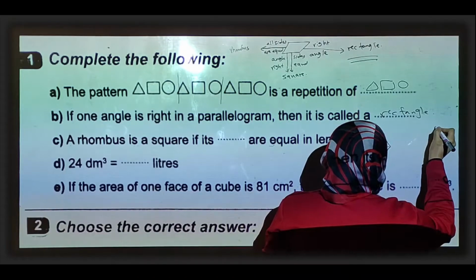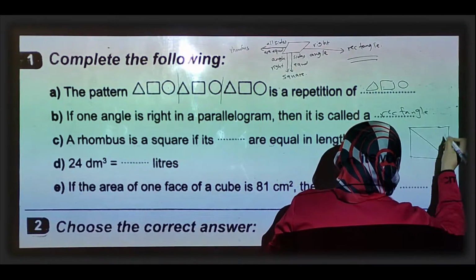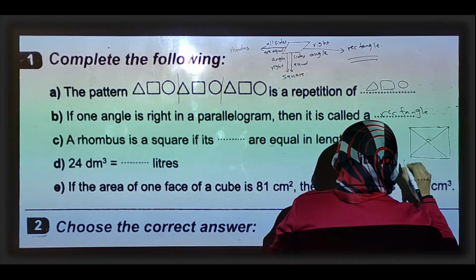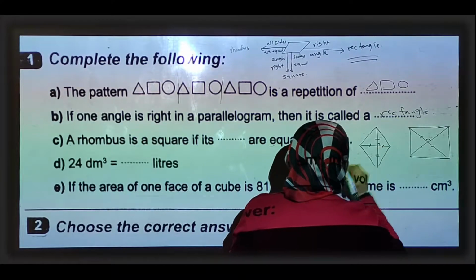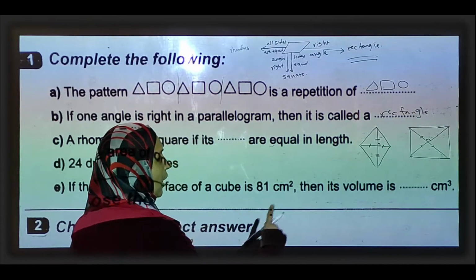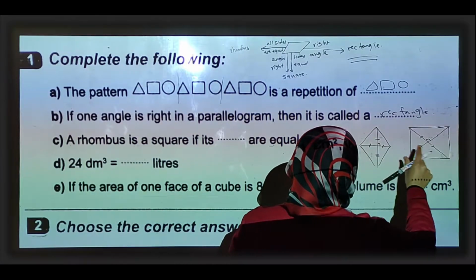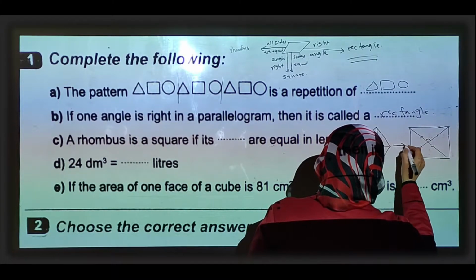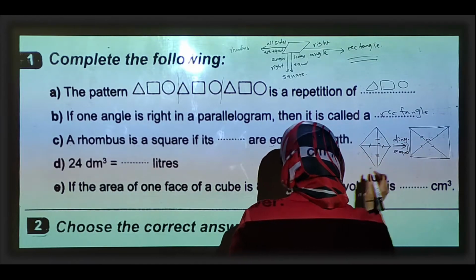In the square, the 2 diagonals are perpendicular and equal in length. Also in the rhombus, the 2 diagonals are perpendicular. So a rhombus is a square if its diagonals are equal in length.